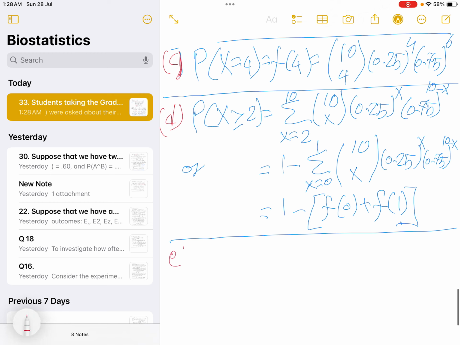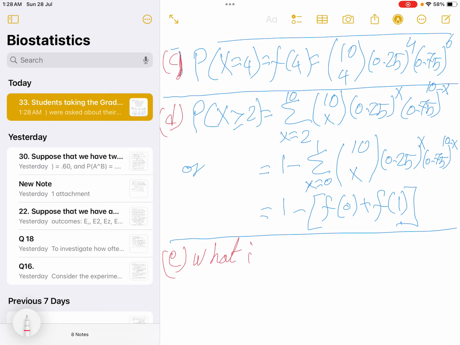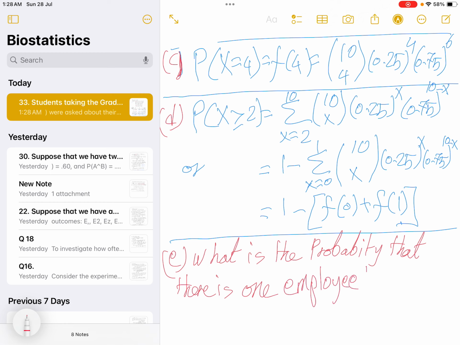Part E, what is the probability that there is one employee that exceeds the loyalty?